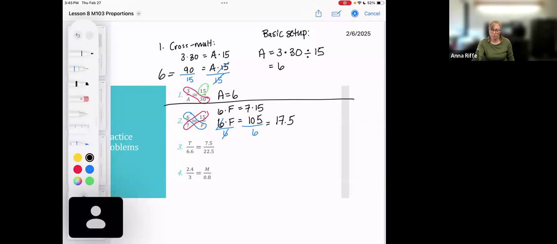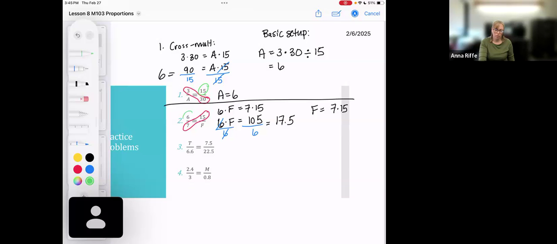So again, that's one way. Another way to do it would be to note that I want to find the diagonal without a variable. So it is a different diagonal than the previous problem. So I'm going to take 7 times 15.